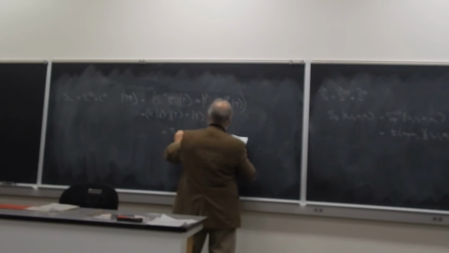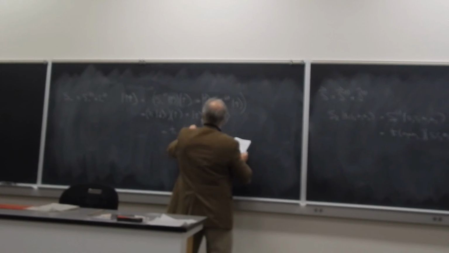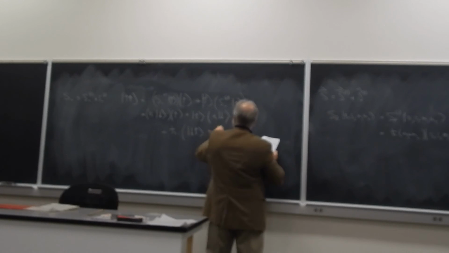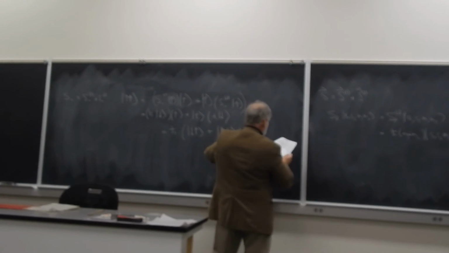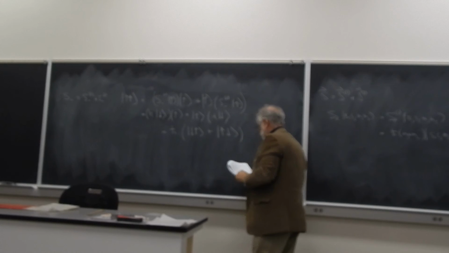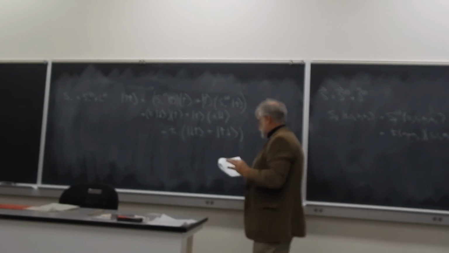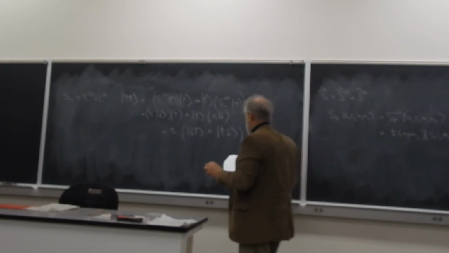That will give me h bar spin down, spin up, plus spin up, spin down. So I'm going to get 3 states with S equals 1.